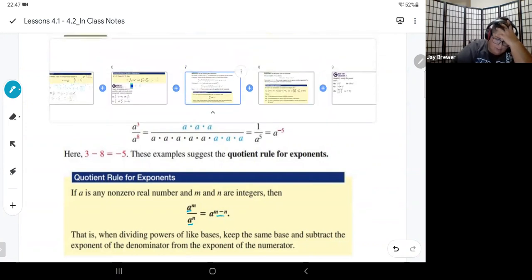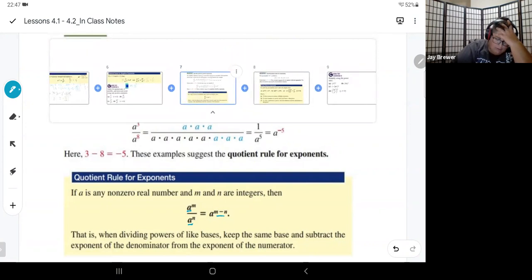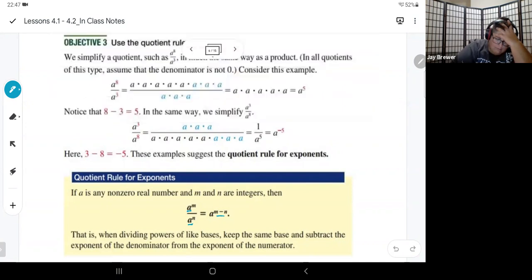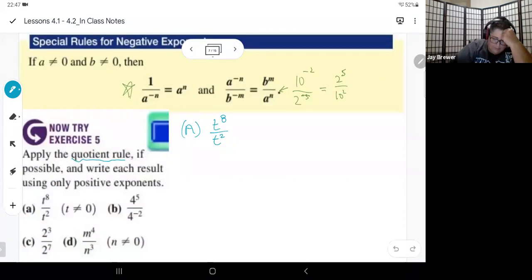Let me just go ahead and change that right now for you guys. There we go. All right, let's get back to it then. So you can see here that we have a division or a fraction, and they're both t's.